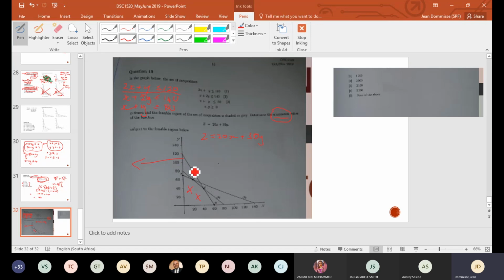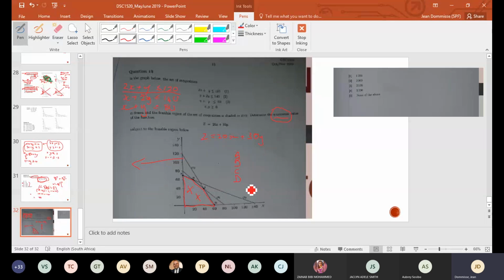So it is basically smaller than that area, smaller than that area. So we're working within this block. So that's why A, B, C, and D are basically possible answers.